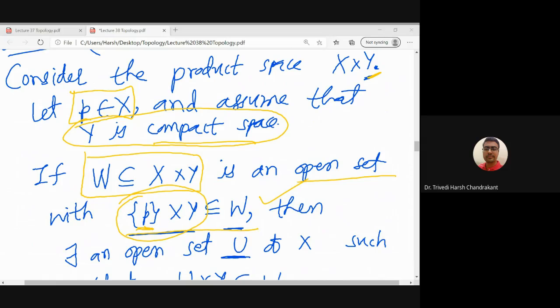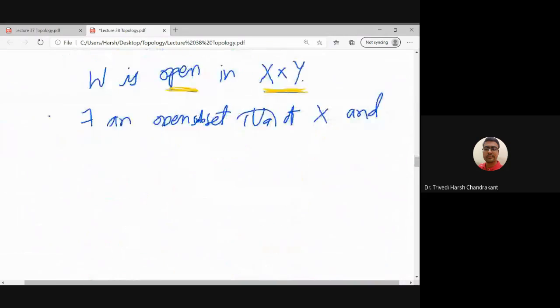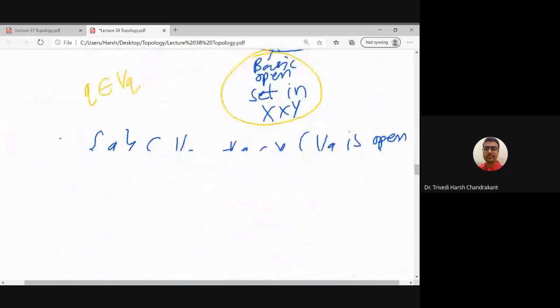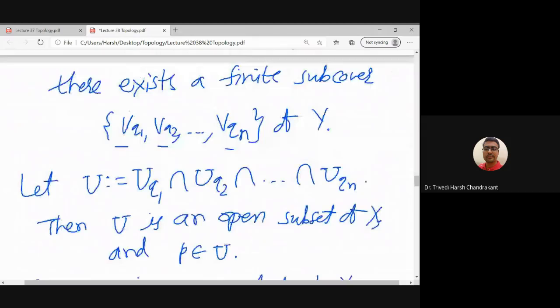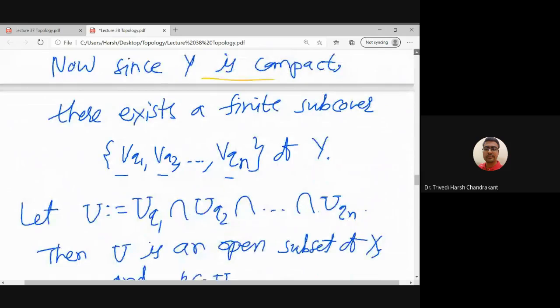So this Vq is an open cover of Y, and since Y is compact, I will get a finite subcover Vq1, Vq2, ..., Vqn of Y.